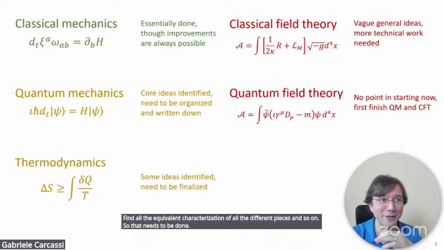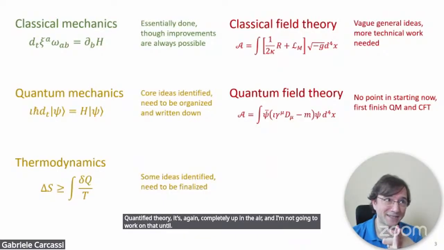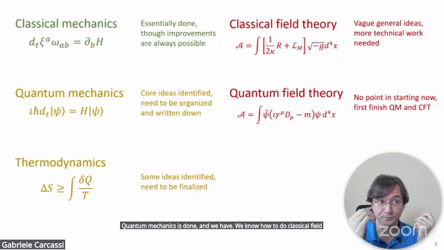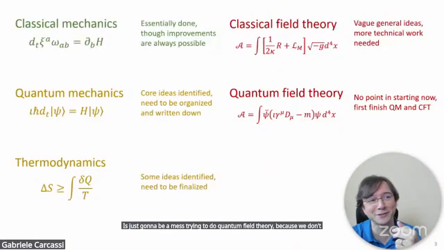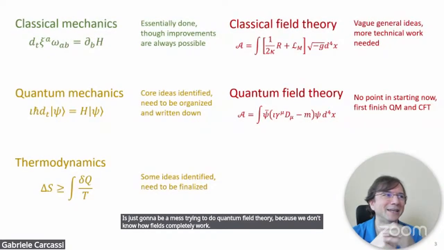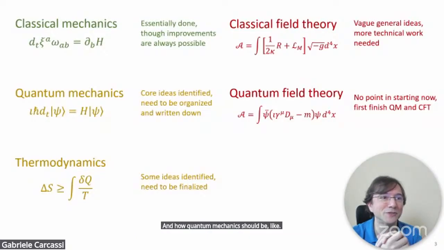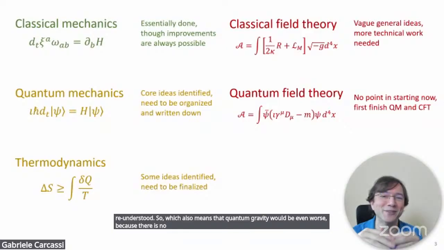Quantum field theory is again completely up in the air, and I'm not going to work on that until quantum mechanics is done and we know how to do classical field theory, because it's just going to be a mess trying to do quantum field theory when we don't know how fields completely work, and how quantum mechanics should be, like really nice and understood. That also means quantum gravity would be even worse, because there is no theory yet, and the foundations are not really well set up.